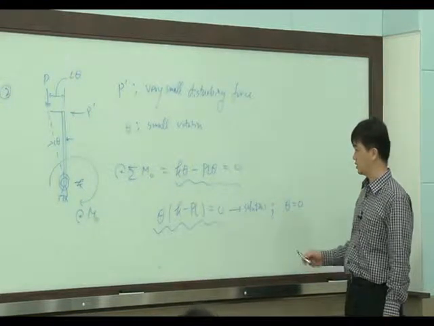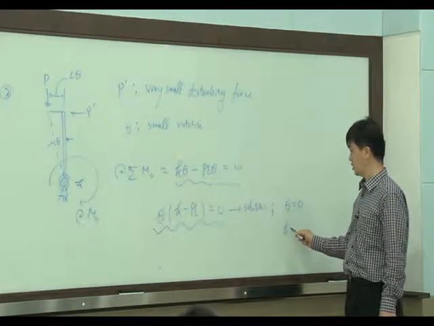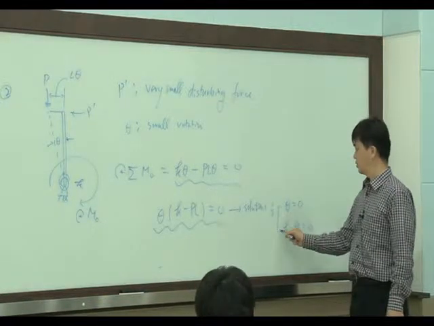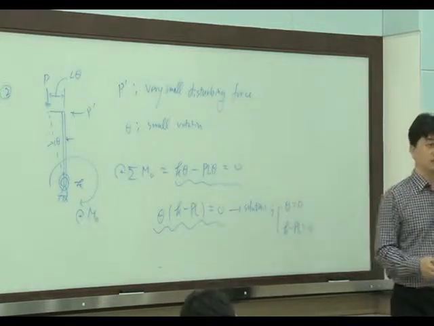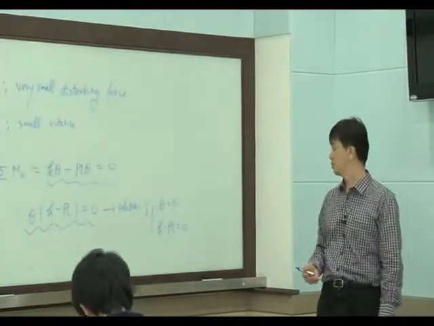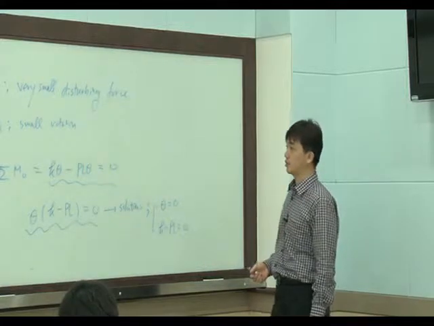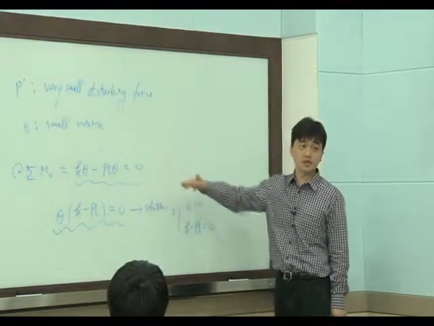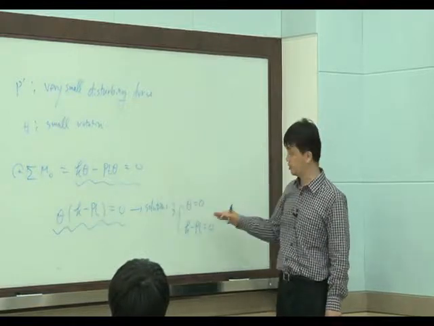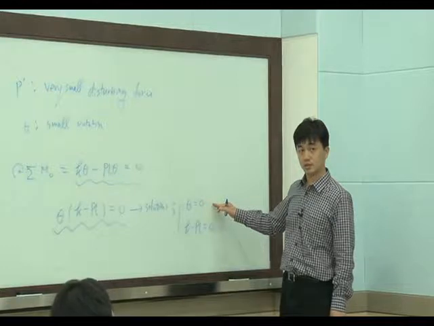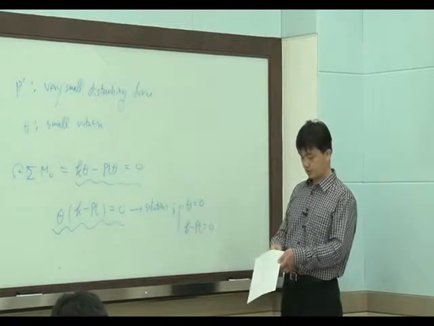The other is K minus P L equals 0. The solution will give us a load displacement curve, right? The equilibrium path. Because this is the equilibrium equation, this one equation gives us two solutions. The first solution and the second solution.